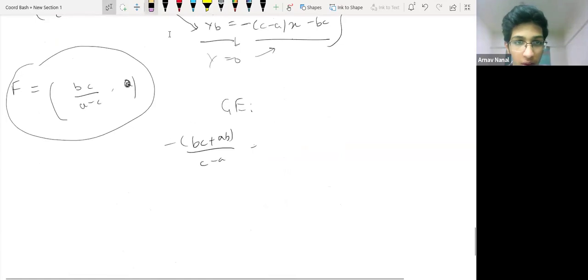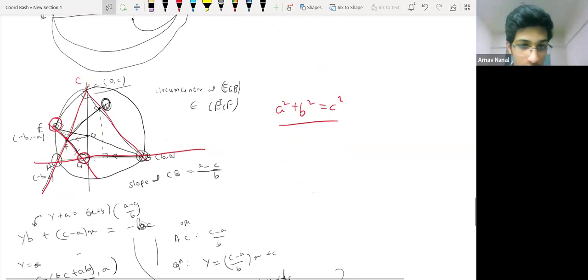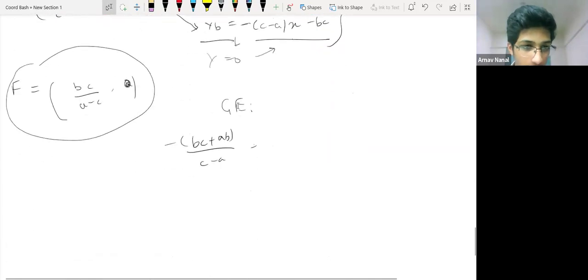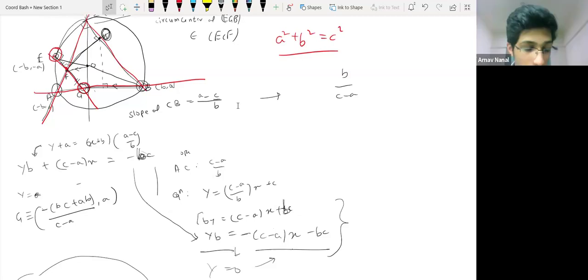Okay, so wait, there will be. What was the slope of CB is this thing. So what we require is slope B by C minus A through F. Isn't BE better though? Because O is the midpoint of BE, and then, wait, what do you mean?